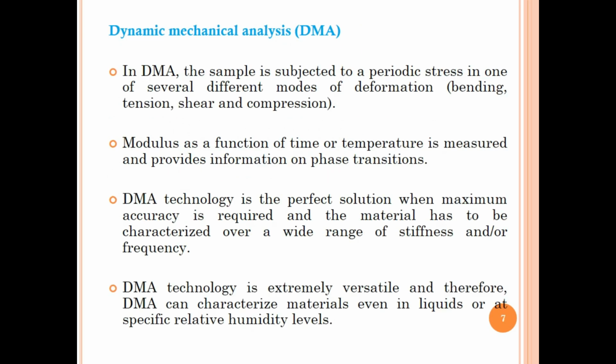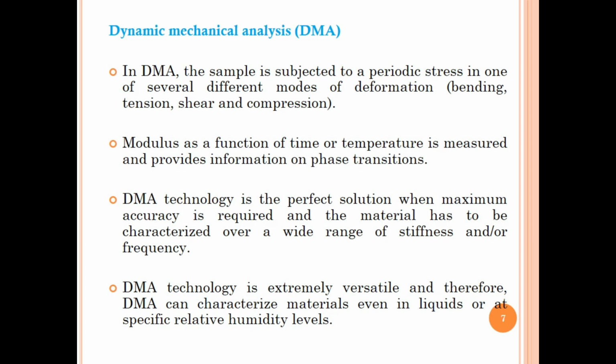In DMA, the sample is subject to a periodic stress in one of several different modes of deformation. The deformation may be bending, tension, shear, or compression. Modulus as a function of time or temperature is measured and provides information on phase transition. Everyone is familiar with phase transition from our early lectures on thermal analysis.